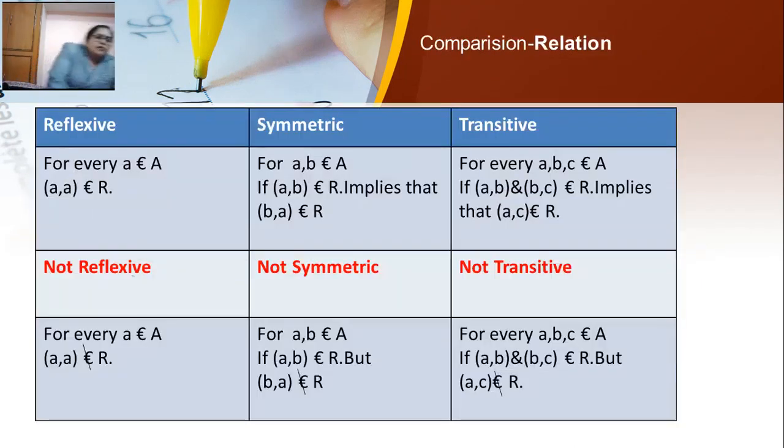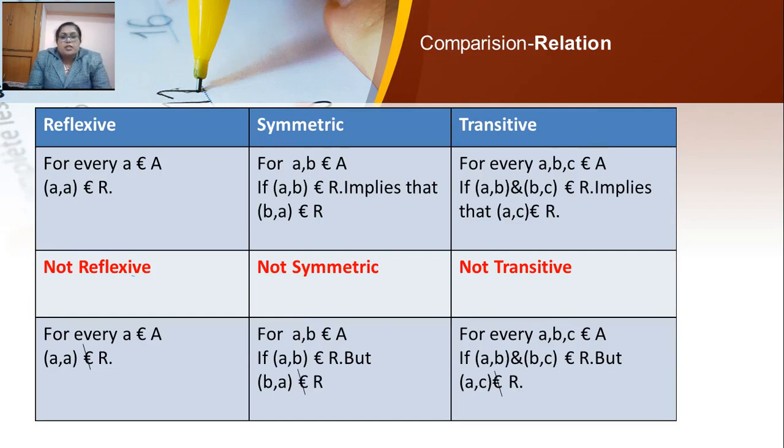Now we can easily understand all of these relations with the help of this table. First, reflexive: for every element a belonging to A, a's reflection (a,a) belongs to R. And not reflexive: for an element a belonging to A, a's reflection (a,a) does not belong to the defined relation.